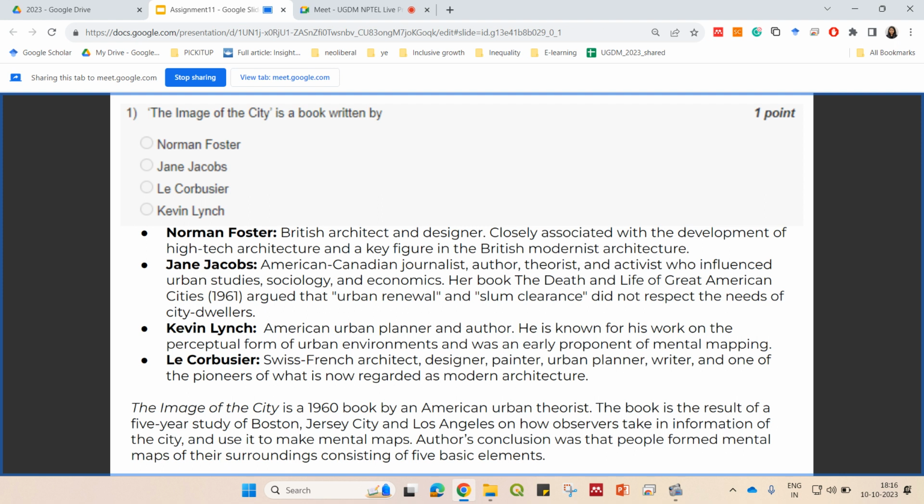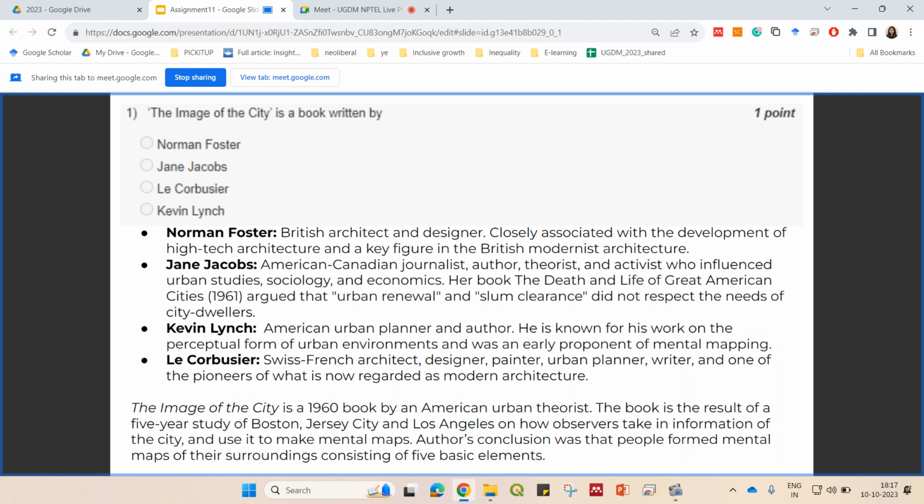All those kinds of mapping or coherent understanding of the urban space is called mental mapping. And this book is the first work which evolved this concept of mental mapping for urban spaces.